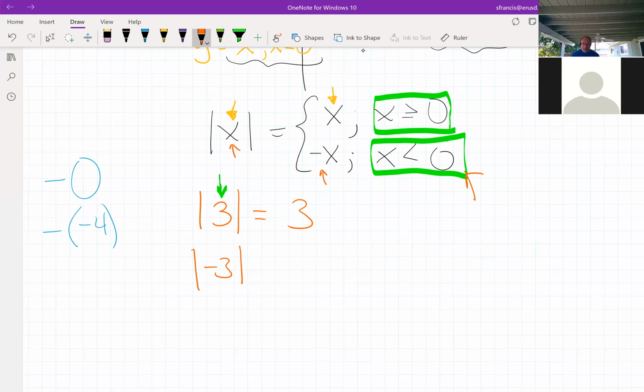Notice how I keep using the word opposite here because it's a better way of thinking about it than thinking -x. For two reasons. One, -x confuses a lot of people. And two, the opposite gives a better and truer characteristic of what's happening here, okay? If my input is -3, my output is the opposite of the input. And the opposite of -3 is +3, like you already knew, but that's how this definition works.